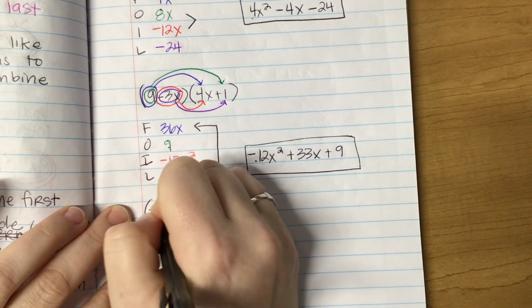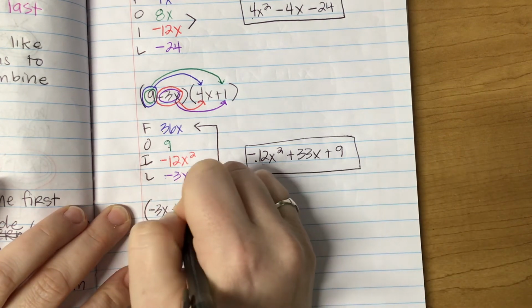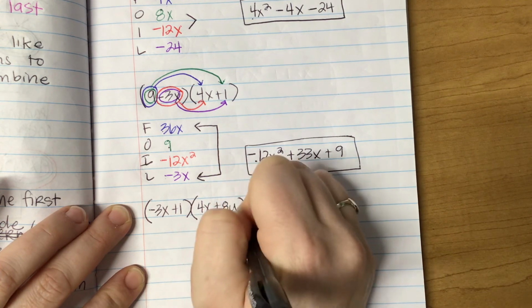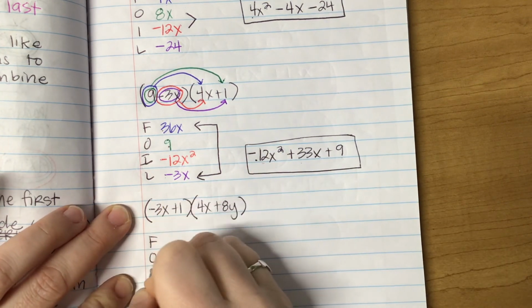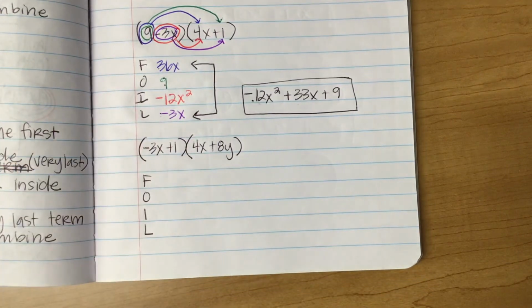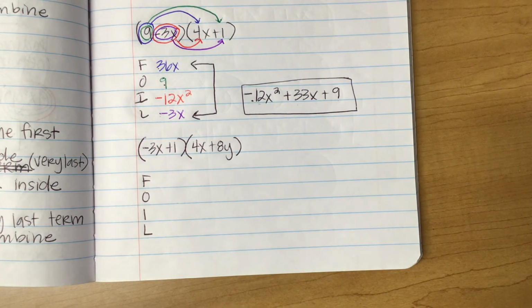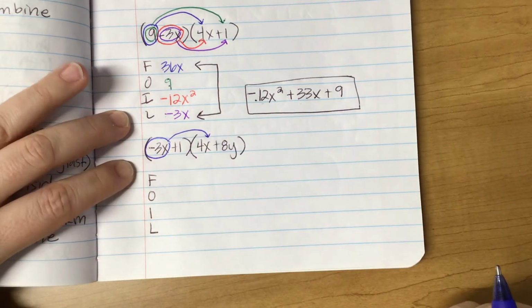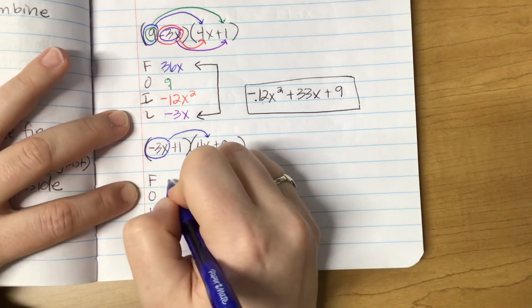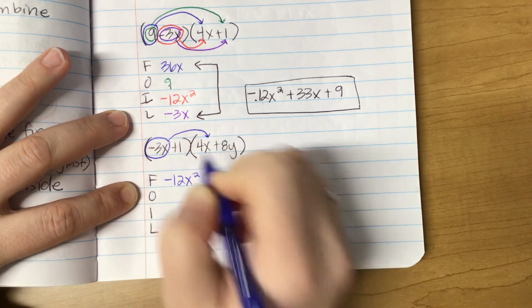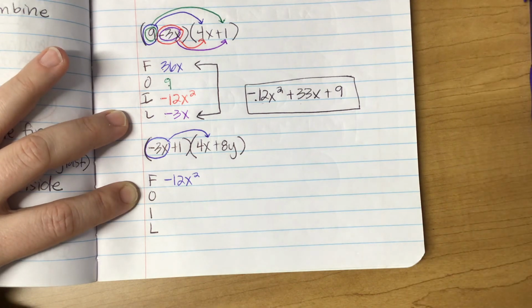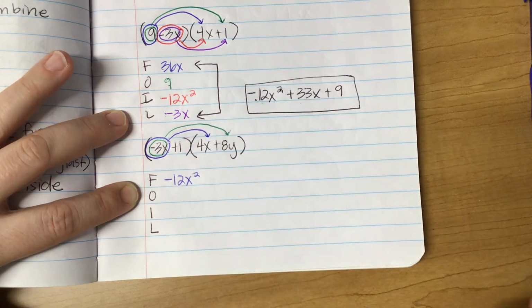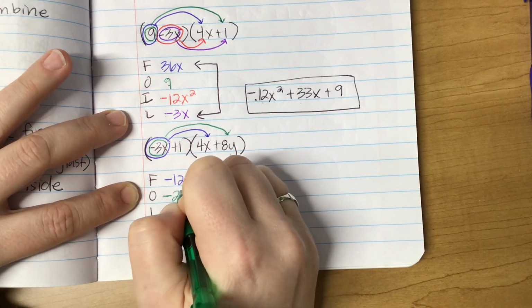All right, so let's try negative 3x plus 1 times 4x plus 8y. And FOIL. So, first times first. Negative 3x times 4x is negative 12x squared. Negative 3x times 8y is negative 24xy.